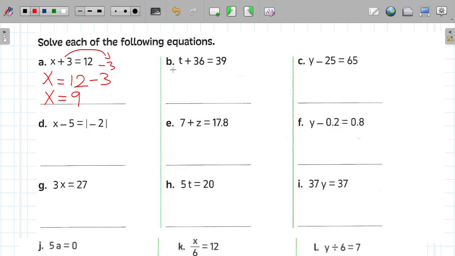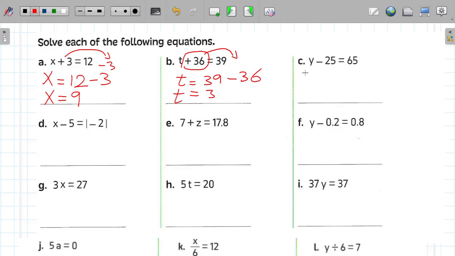Okay? Next, I have t plus 36 equals 39. So I will send plus 36 to the other side with the inverse operation. So I can say t equals 39 minus 36. 39 minus 36 equals 3. So the value of t is 3. Okay?